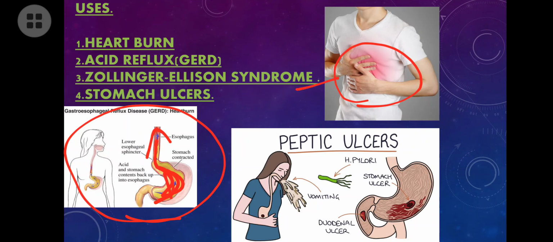Zollinger-Ellison syndrome. What is this Zollinger-Ellison syndrome? Here what happens, ulcers in the stomach, or acid reflux. Okay, this is a combination of some of the symptoms. Heartburn also occurs here. And stomach ulcer is a major problem. Basically ulcers will occur in the stomach and the duodenum.